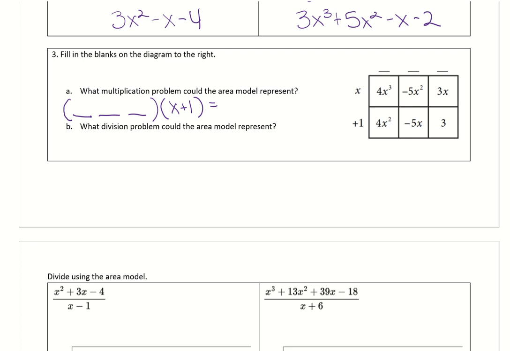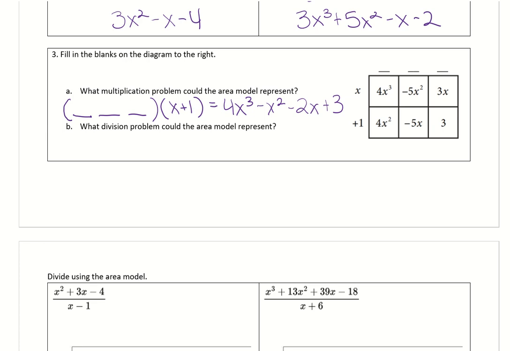And that equals the insides. So our insides are 4x cubed. We can think about combining terms here, minus x squared, combining terms here, minus 2x, and plus 3. That's the multiplication problem we're looking at. We just combined our like terms when we thought about the answer, just like we did above.